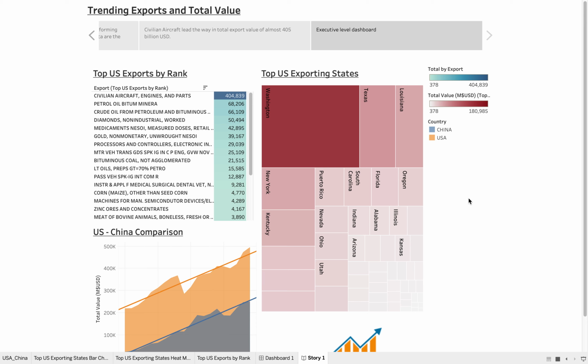There's a pretty big gap between oils and aircraft engines and parts, so I would anticipate that aircraft tends to stay at the forefront for the time being. Again, unless there's any major economic upsets, we could anticipate pursuing more business ventures within that specific export as opposed to others if it were a business decision.